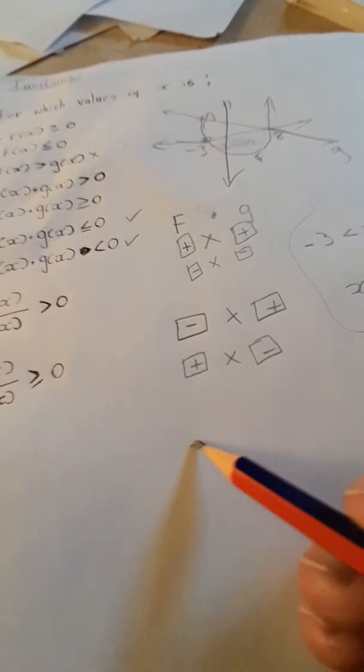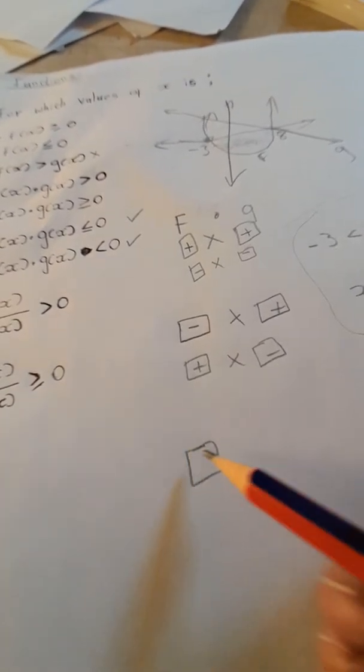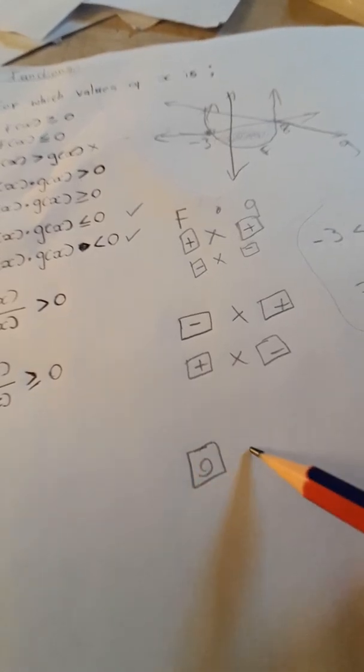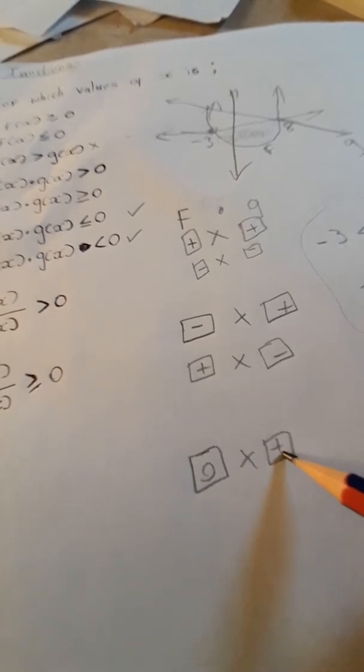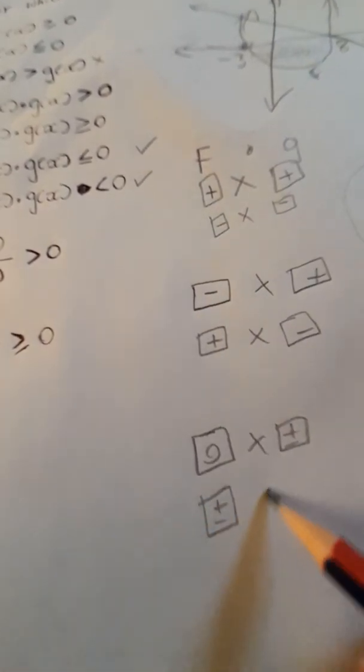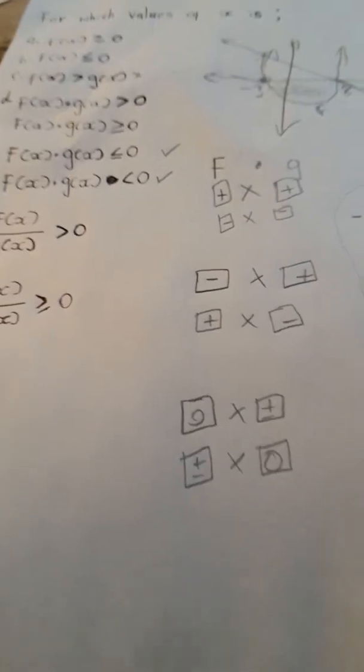This is also possible where one function is 0 and the other is a real number, because 0 times any number is just 0.